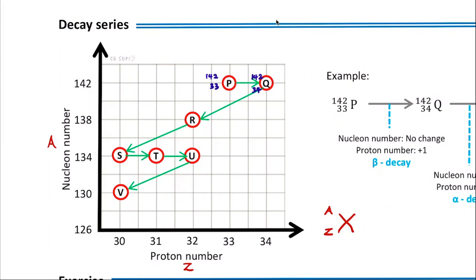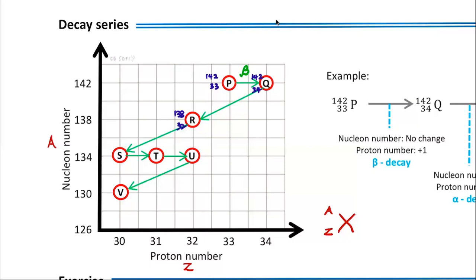Beta decay, right? Beta decay. Okay, so we can put there, this one is beta decay. Now we go to R. R, the nuclear number is 138 and the proton number is 32.